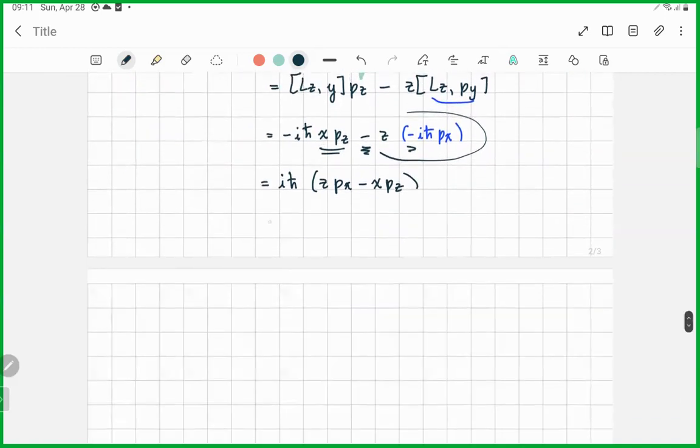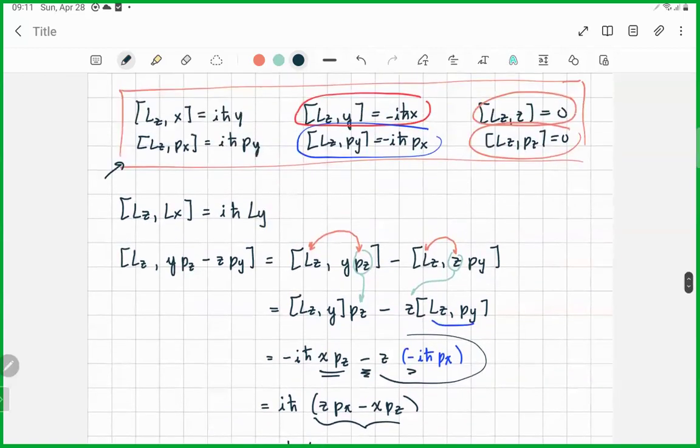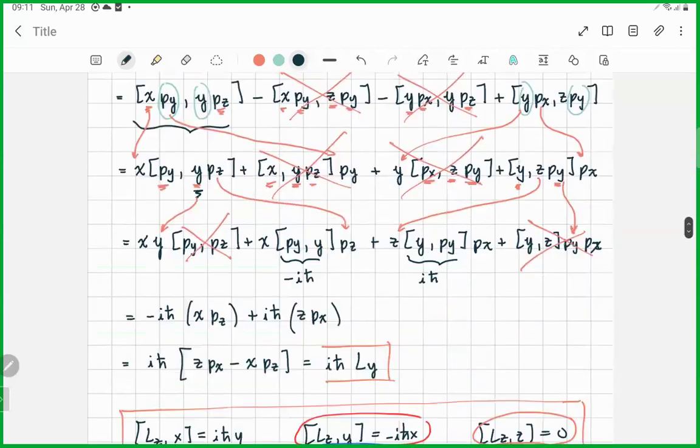This term that we see here is the LY. So it was faster because we already had the support from these commutators. Okay, very well. Now, this is item B.